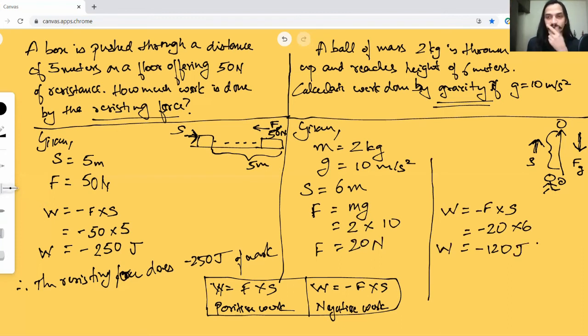So gravity does 120 joules of work in the negative direction. If you have to write the concluding statement, you'll say therefore work done by gravity is 120 J, or joules, either way is fine.